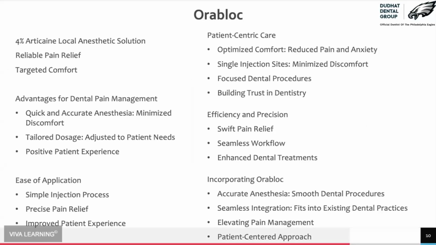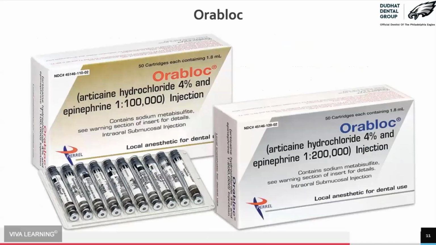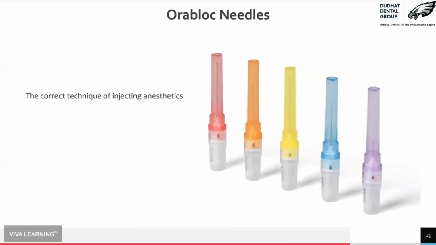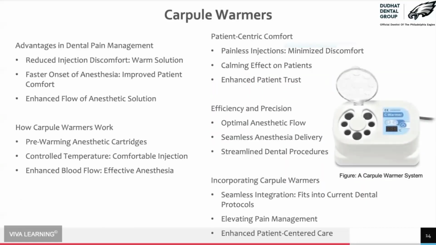Here's the carpule warmer, from one of the companies that make it. There are at least 5 to 6 companies out there making carpule warmers. What I like about this particular carpule warmer is that you are limited to warming about 7 carpules, versus having so many carpules in a warmer.